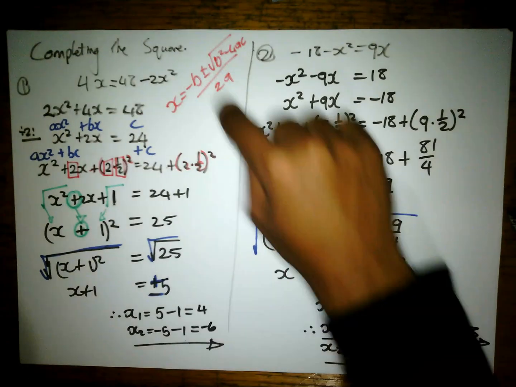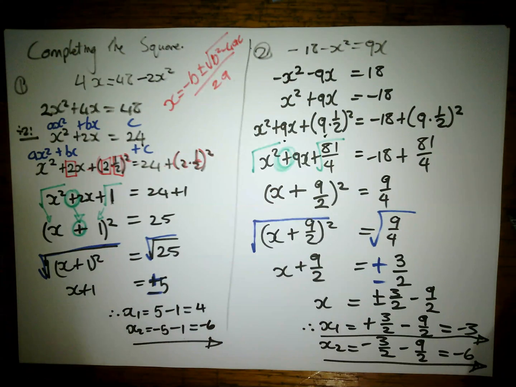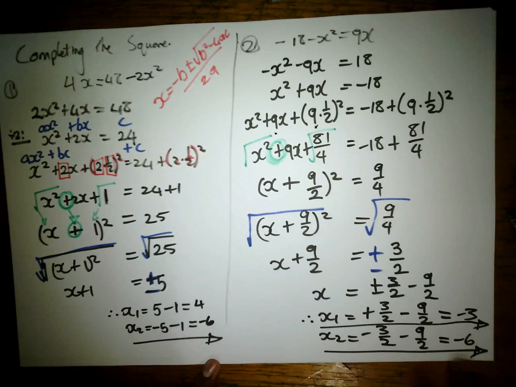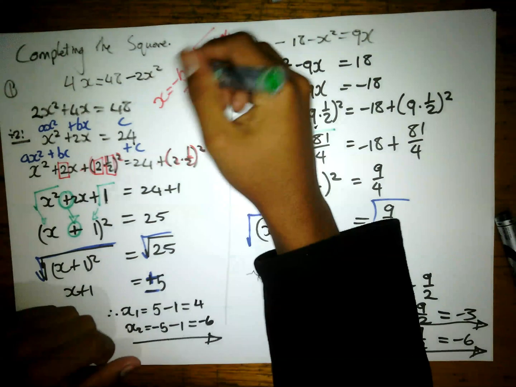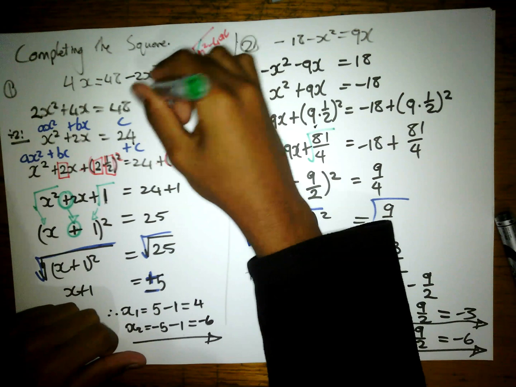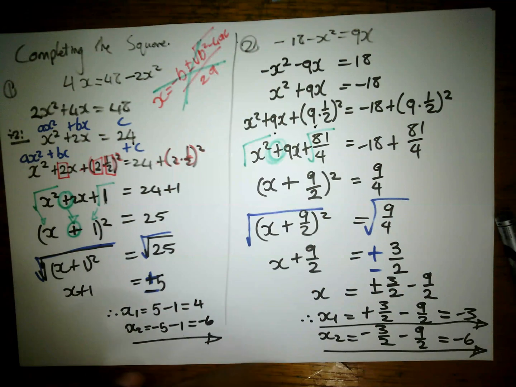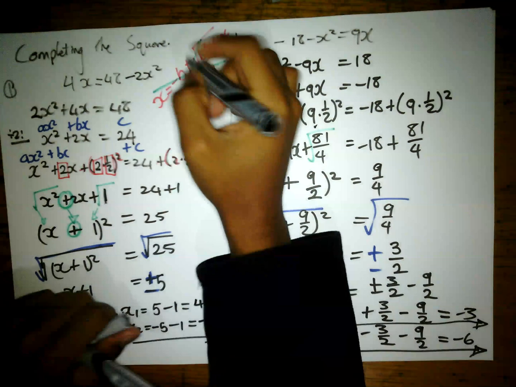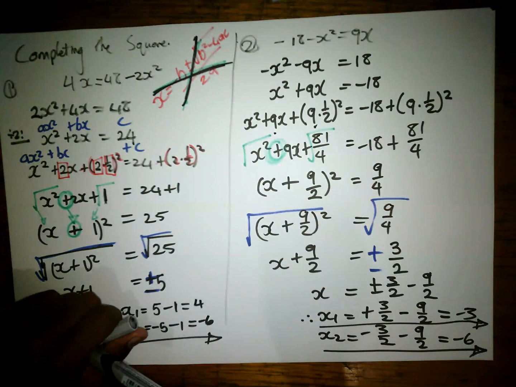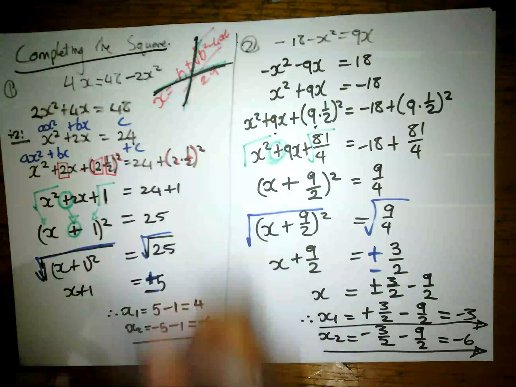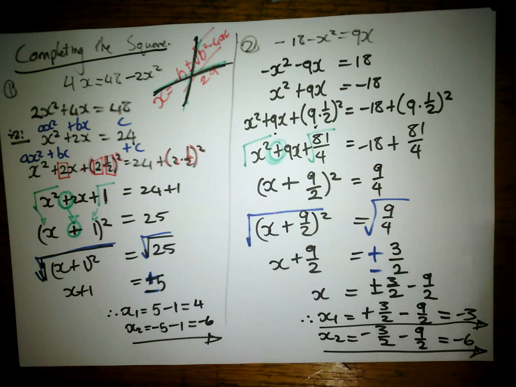If you use this one, you will get the exact same answers. But if you use this one, you will get no marks. You can use this one to check your answer, yes. But when they say complete the square, you will get no marks if you use this. Yes, because they're different. You just use it to check. Nothing else. Okay. Thank you, sir.